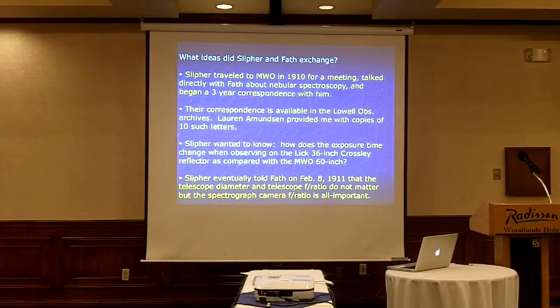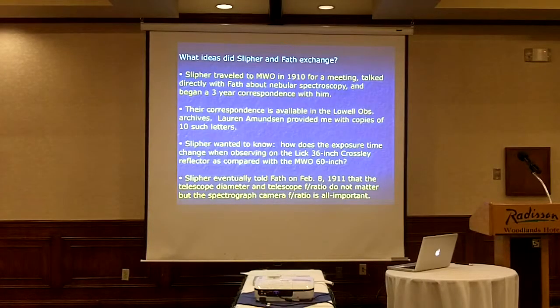And what Slipher wanted to know most keenly, it seemed to me, was whether a nebular spectrograph on the Crossley 36-inch telescope at Lick had a speed that was any different than a nebular spectrograph on the 60-inch telescope at Mount Wilson.